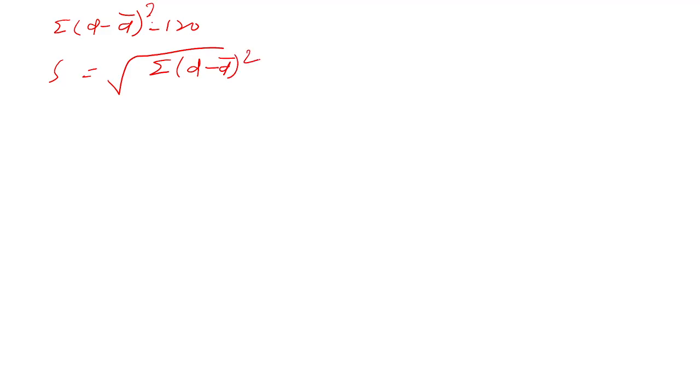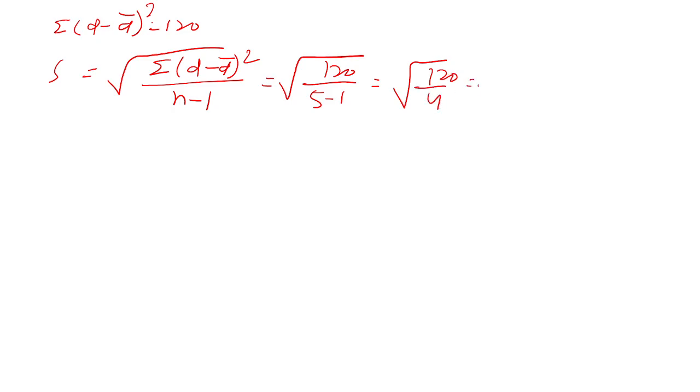So S will become the square root of the summation of (d minus d bar) whole square by n minus 1, that is 120 by 4, which is 30, so the square root becomes 5.477.